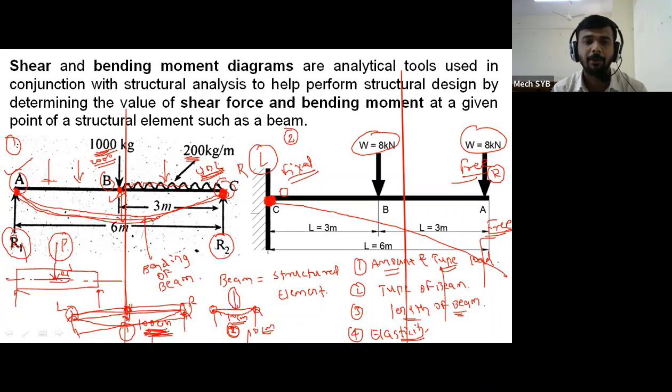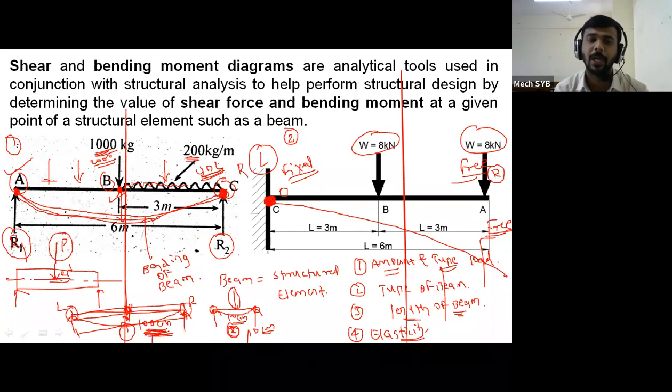Again at point C, there is a second reaction. That means whatever the number of loads applied on that particular beam, it is varying from section to section. Therefore, shear force value will not remain constant. Also, bending moment value does not remain constant, as the type of load or amount of load is varying from section to section.